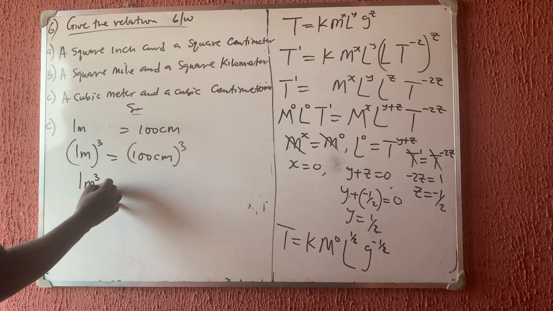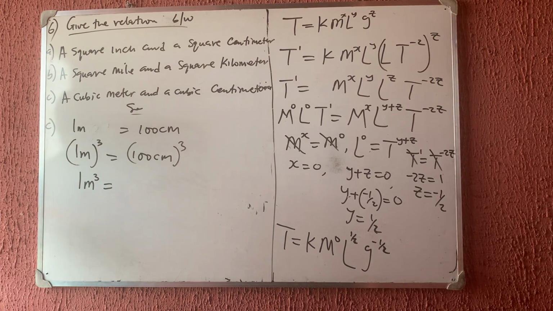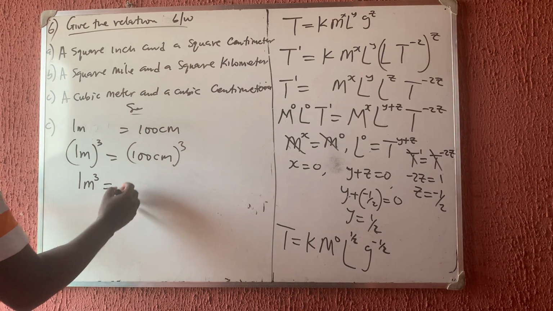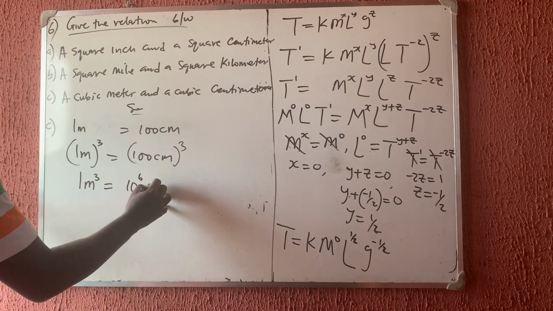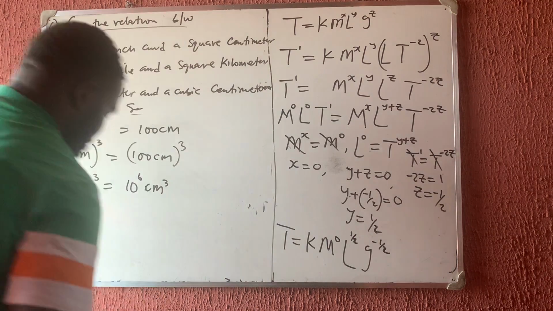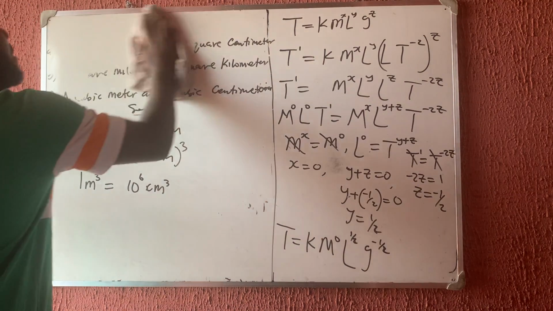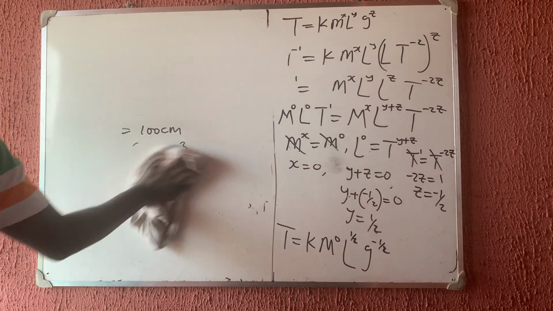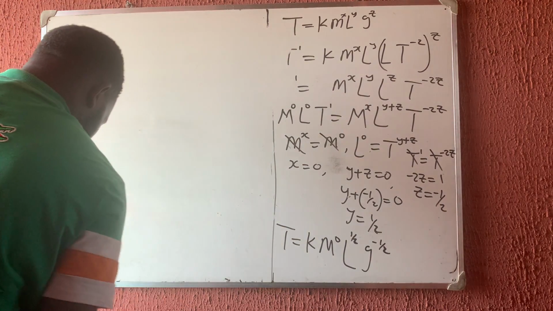So I have 1 meter cube is equal to 100 raised to power 3, which will give you 10 raised to power 6 cm cube. So 1 meter cube is 10 raised to power 6 cm cube. So we'll move to the next question. Question number 7. I hope this is not difficult. The only thing you need to know is their relationship.